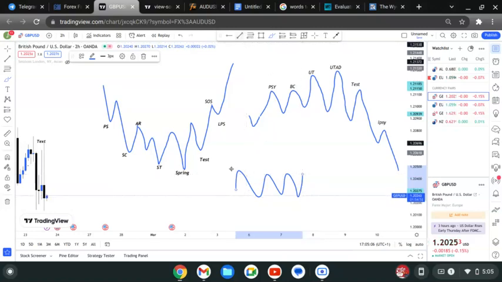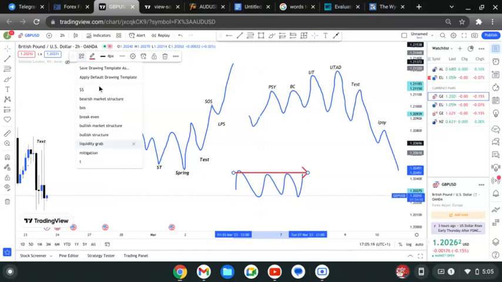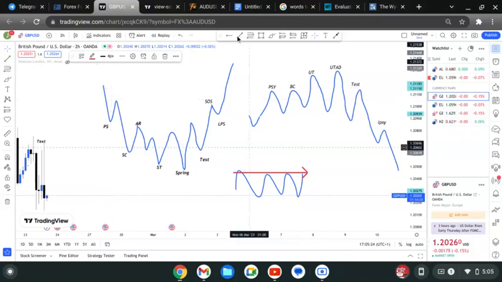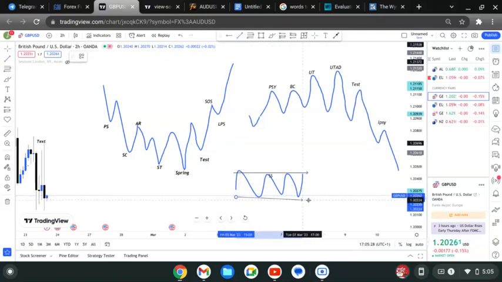It creates liquidity on both sides. Yeah, it creates liquidity up here and here.